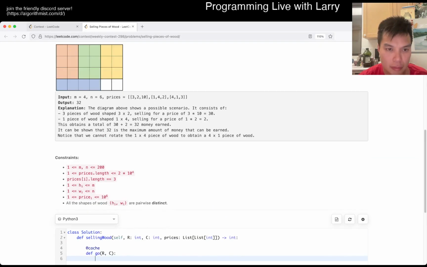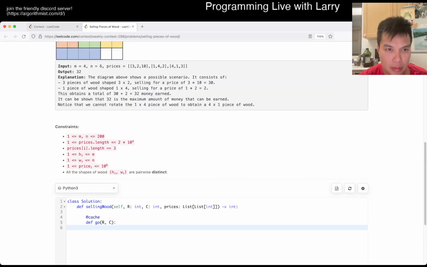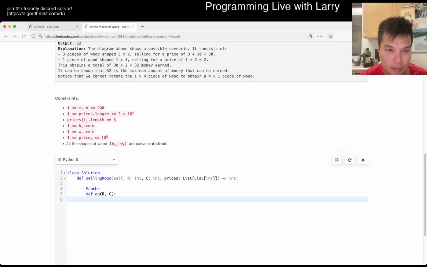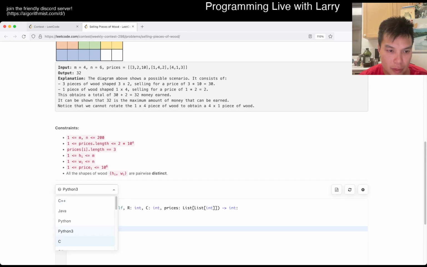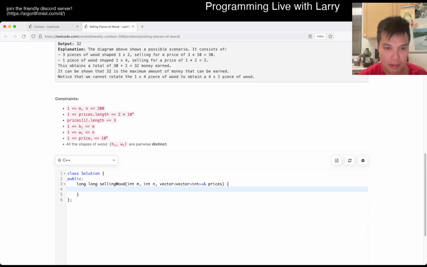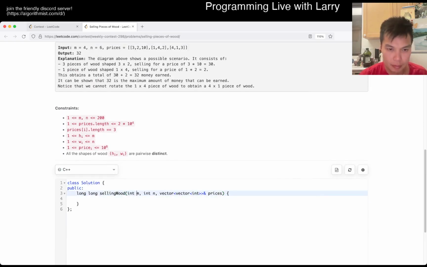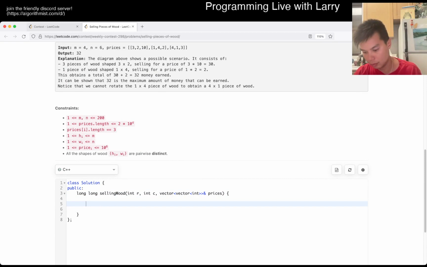I set this up. Is this too fast? I'm not going to take the risk. I feel like I've always taken the risk before. Okay.